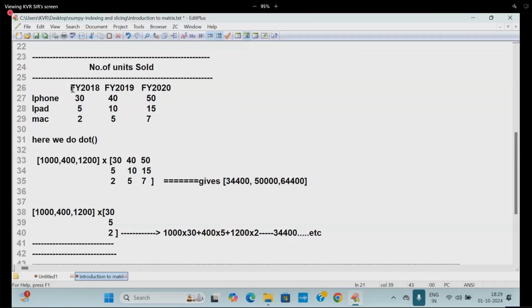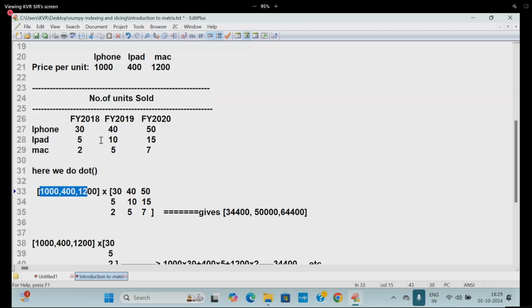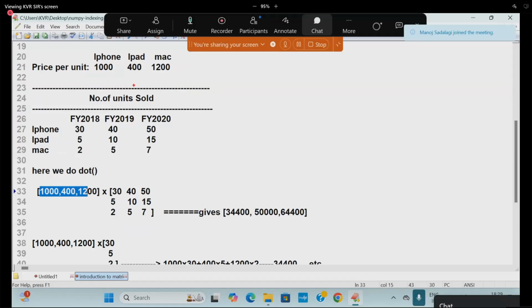In financial year 2018, the price per unit, this one is multiplied with this. This is one entry I am taking, and one more entry, and one more entry.